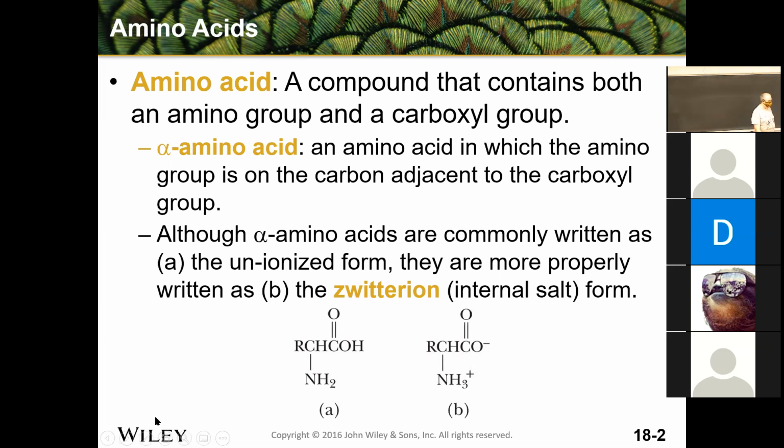So in structure A, although amino acids are often written this way, especially at physiological pH, they're going to exist as this zwitterion or dipolar ion or internal salt. The amino group is basic and the carboxylic acid group is acidic, so there's a proton transfer that takes place.